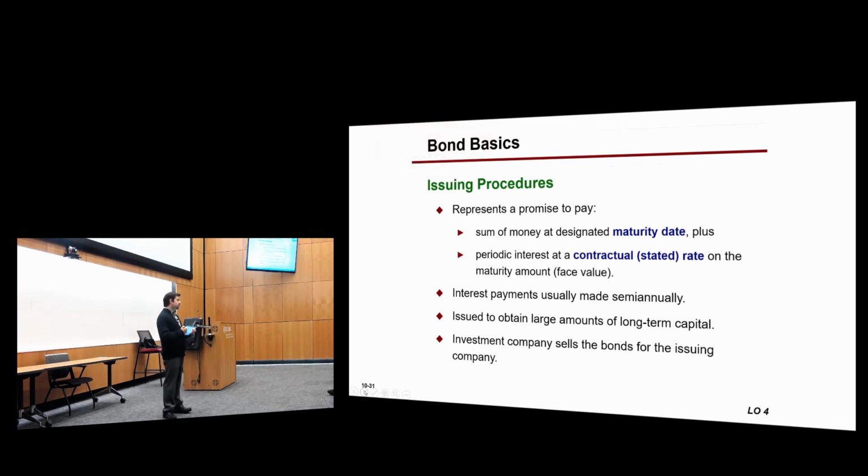Again, the bond principal will be paid back in totality on the maturity date. In general, the interest will be paid semi-annually. That's in general how companies do it. Every 6 months, there will be a payment of interest.